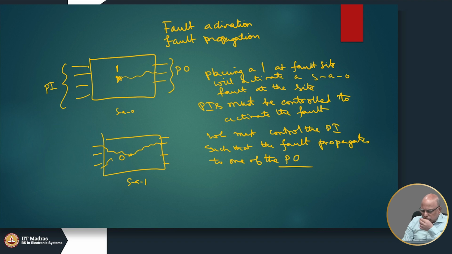Okay. So, that shows the problem which we call controllability and observability. So, what is controllability? See, in order to activate the fault, I am asking you to control this value to 1. How easy is it to do that? It may be somewhat difficult to get this point to 1.